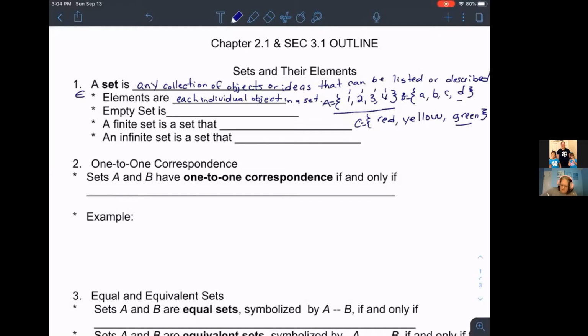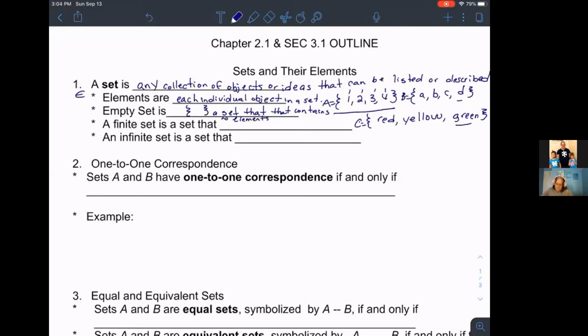An empty set is a set that contains no elements.